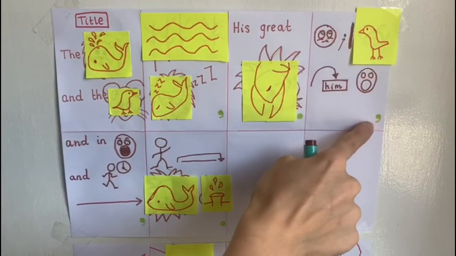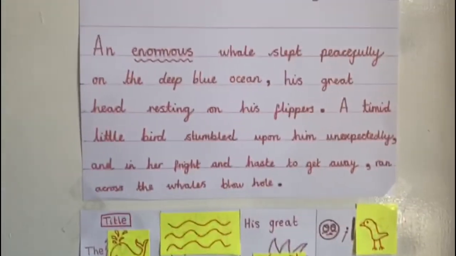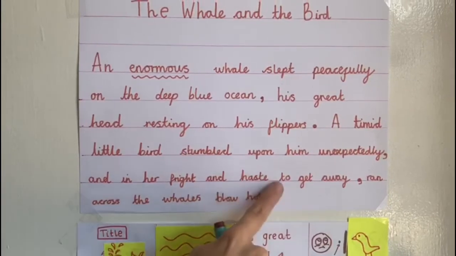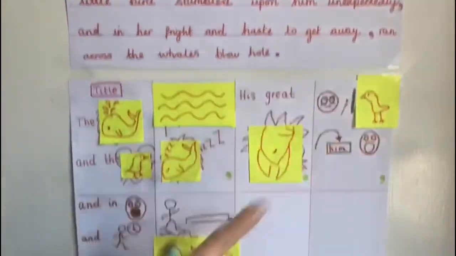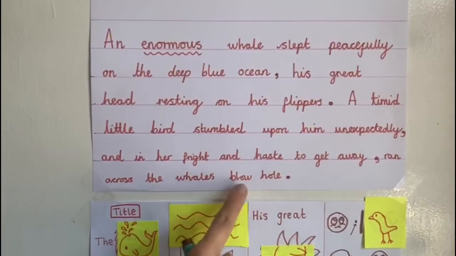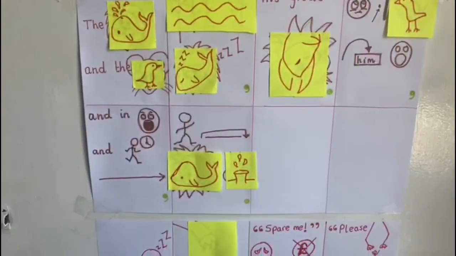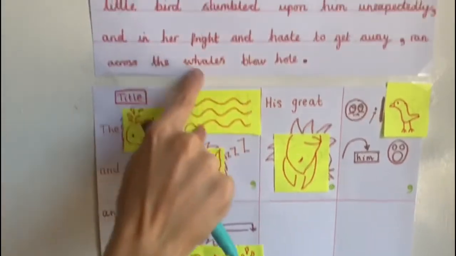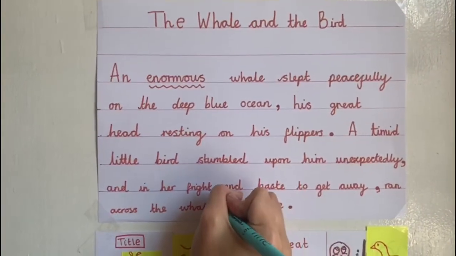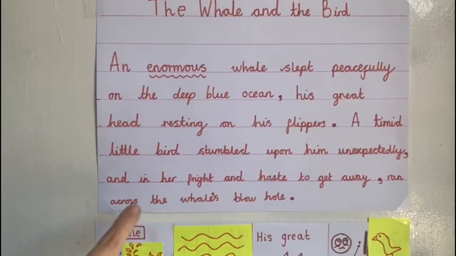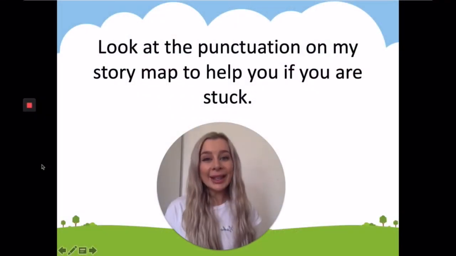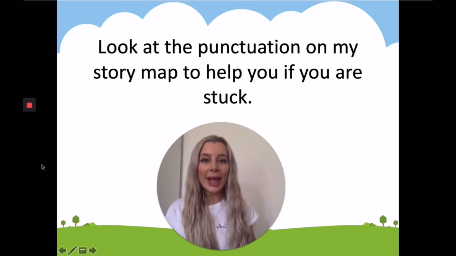We've got our comma there, so that's all good. And in her fright and haste to get away, comma, ran across the whale's blowhole. Now, because it's the whale's blowhole, we need to just pop in an apostrophe for possession there. The whale's blowhole.